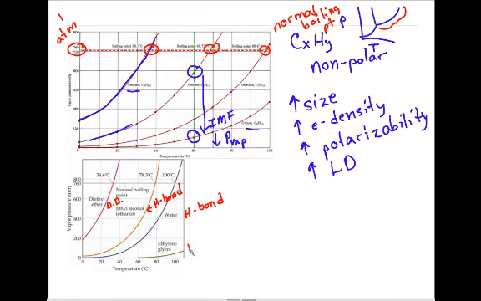Ethylene glycol can also hydrogen bond, and it's much stronger than water because it's got a bunch of OHs on it. I'm not going to remember its structure, but this is glycerol, I'm pretty sure. It's been too long since I've taught organic. So it's got a number of OH groups that can hydrogen bond, which makes it stronger than water.